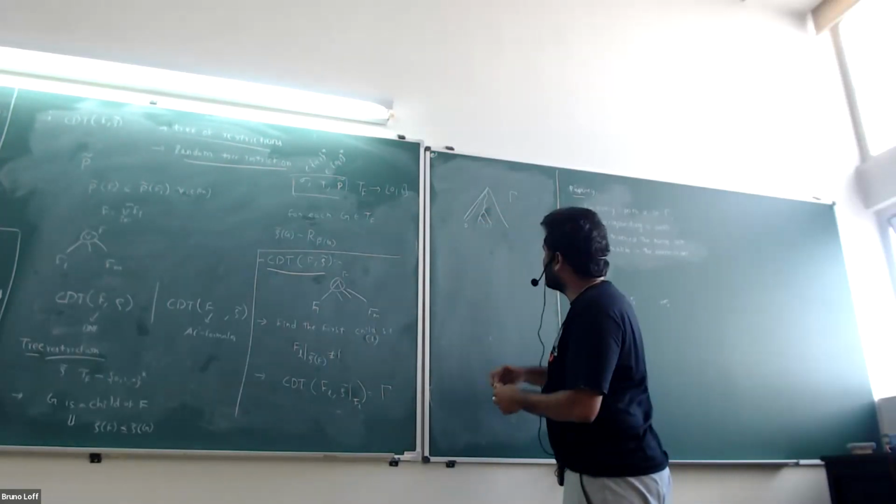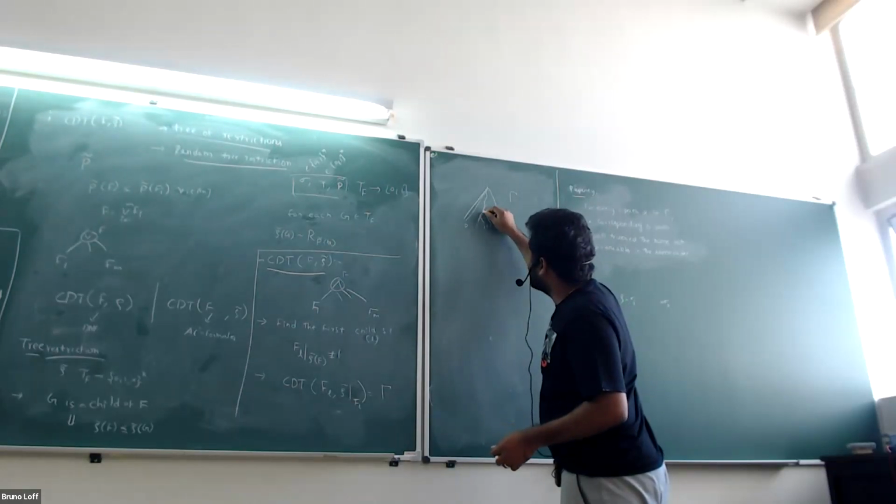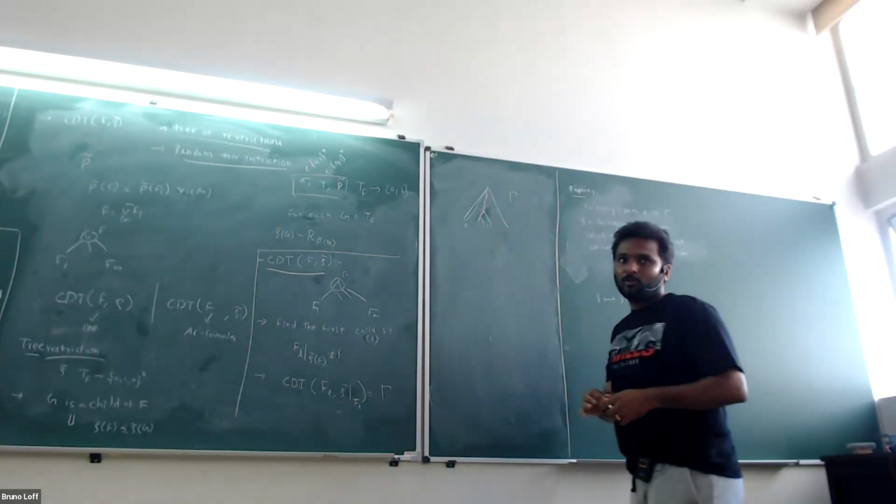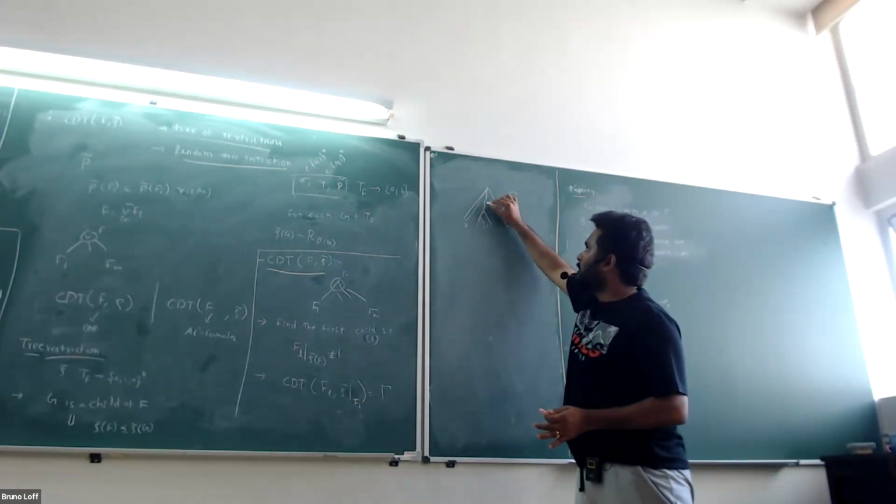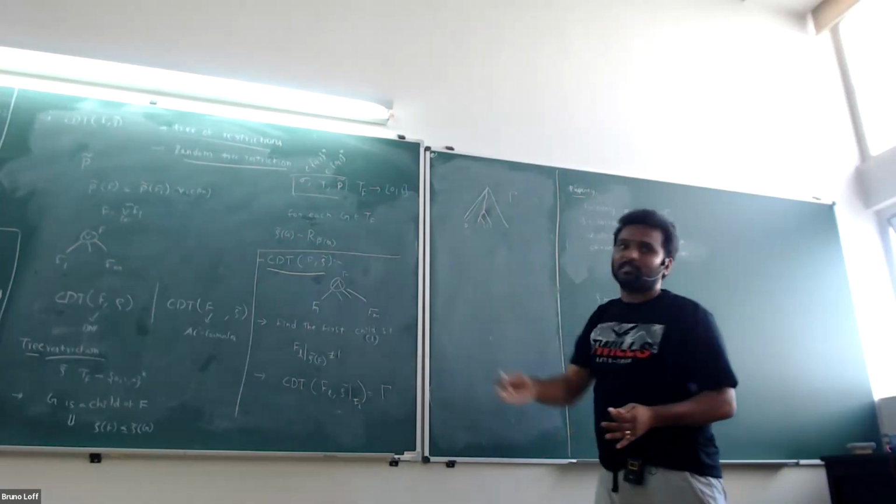This is the one path we're interested in. So what you do is go up this tree till you find a node which has a 0 path.